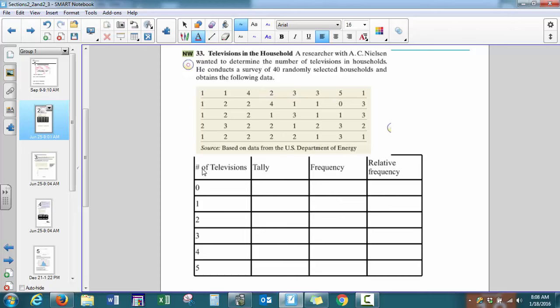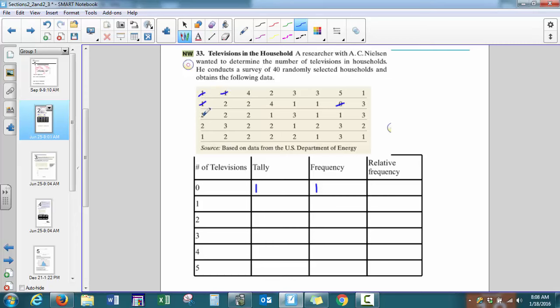So we already have our number of televisions on the left. Our frequency, we're just going to count these options. So how many households have no TVs? There is one. And that means one tally mark, one vertical line. How many households have only one television?